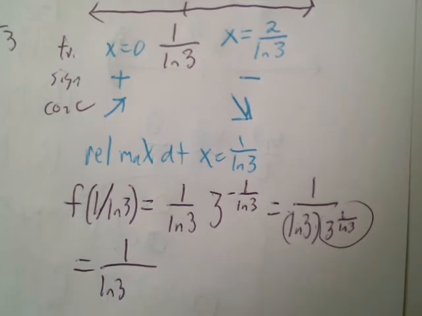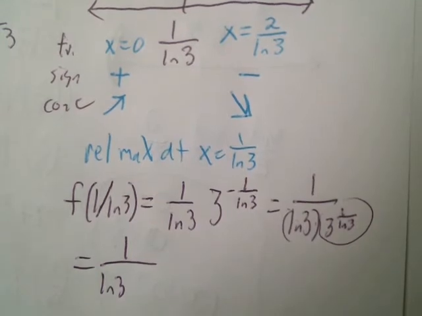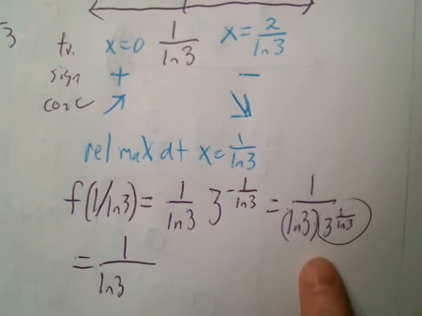And let's see what the book says while you're having trouble with this. The answer, yeah. So that's kind of the answer they have there. The relative maximum is just this thing right here.